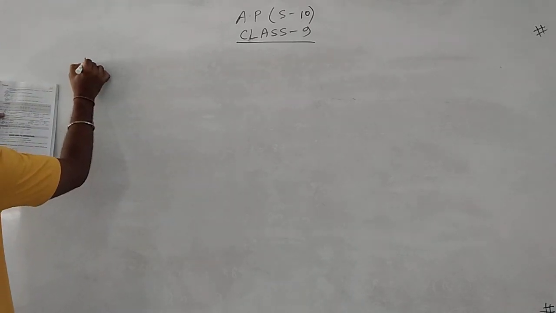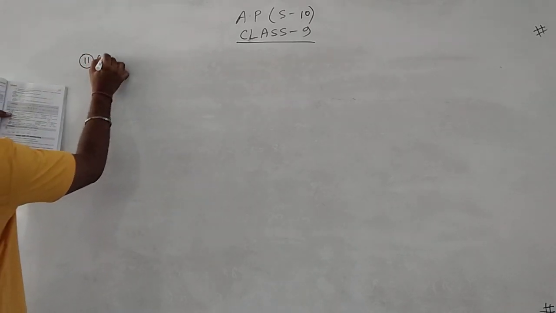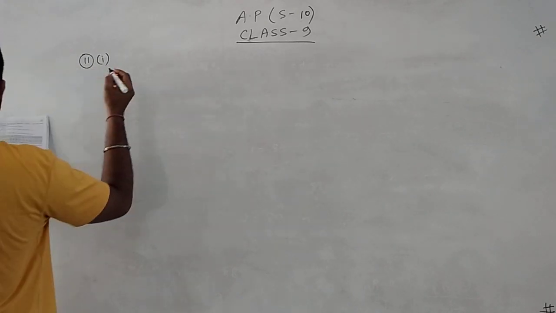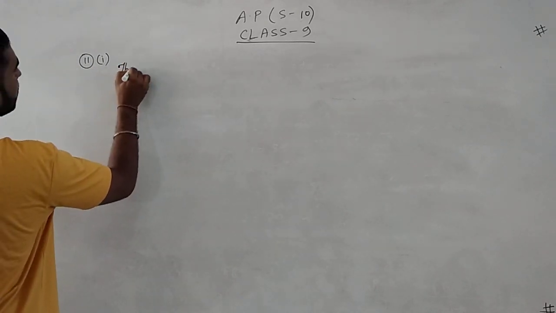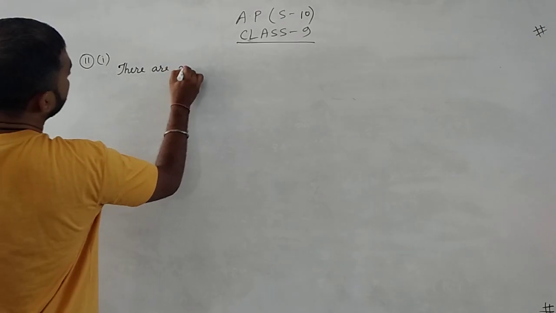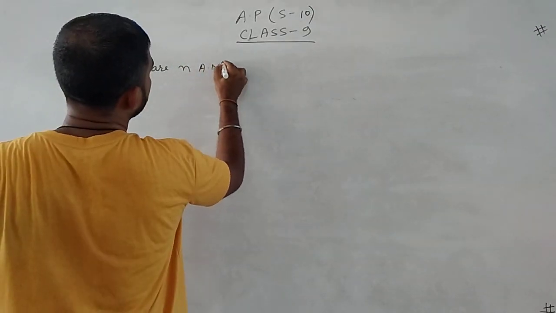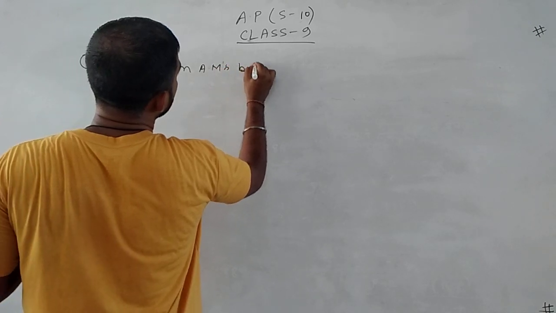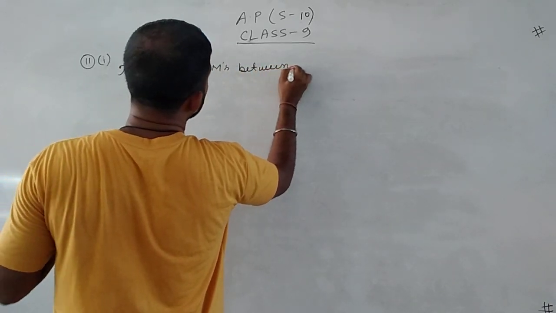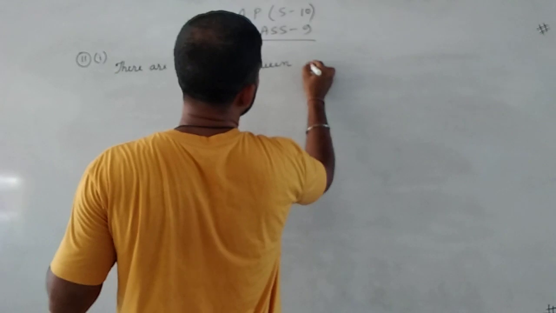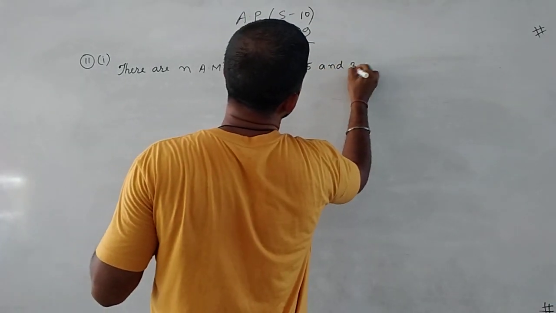First let me write down a question. Maybe I give you this one as homework. There are n AMs between 5 and 35.